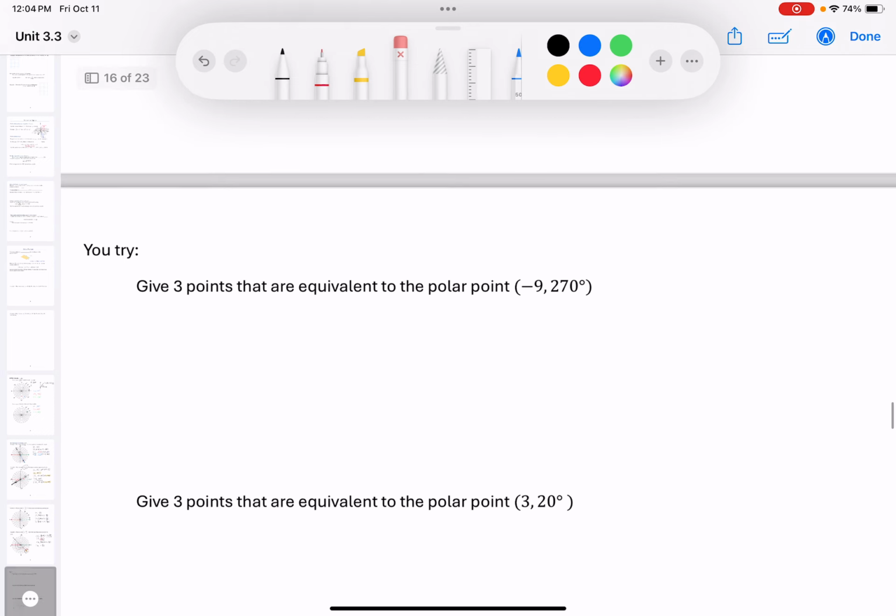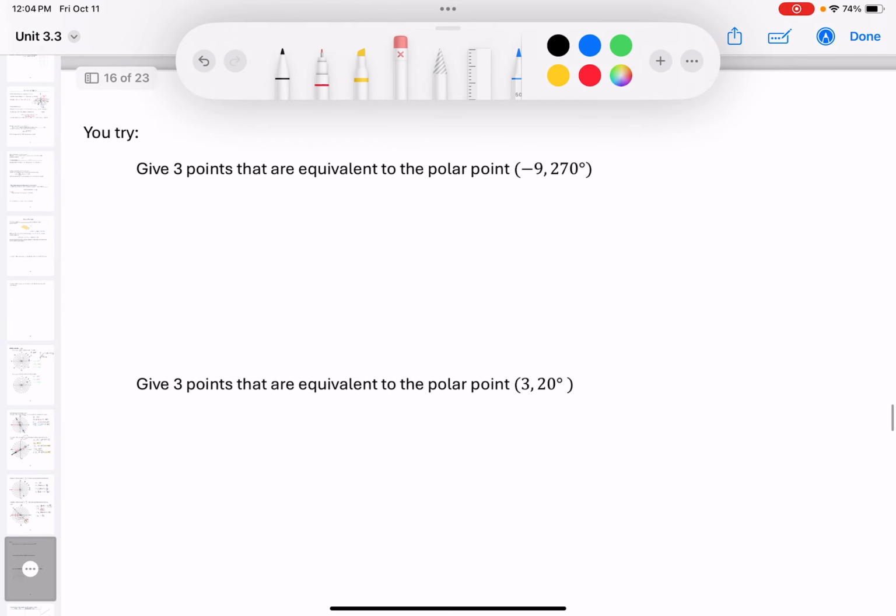Let's see the next part. This one gives 3 points that are equivalent to the polar point -9, 270 degrees. I will let you try, and after you tried, you can continue the video. First, I want to find the point on the polar coordinates.